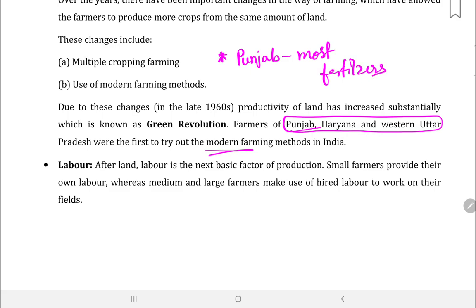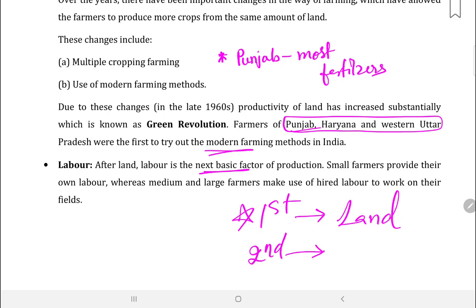Labor. After land, labor is the next basic factor. What is the basic and the most important factor for production? First is land. If there is no land, what would you do with the labor? So first is land, and the second thing you require is people to work on the land, that is labor.